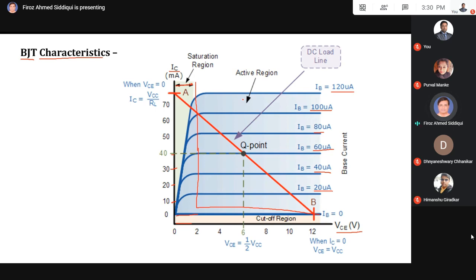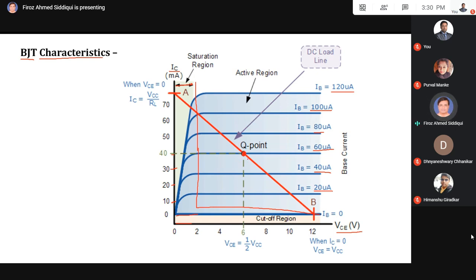And if we use the transistor as an amplifier, then we have to operate it in this region only. And this is the DC point, the quiescent point, where we can use the transistor as an amplifier.